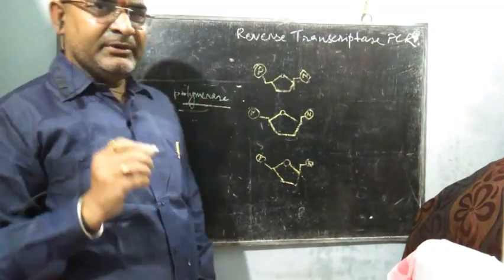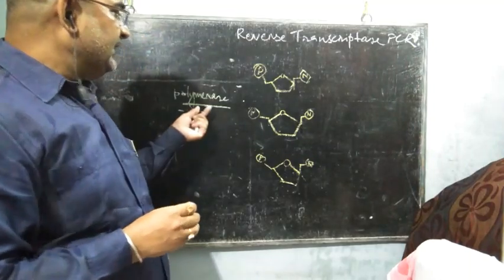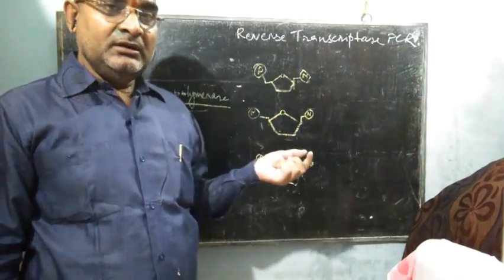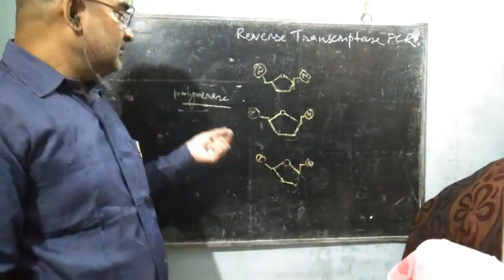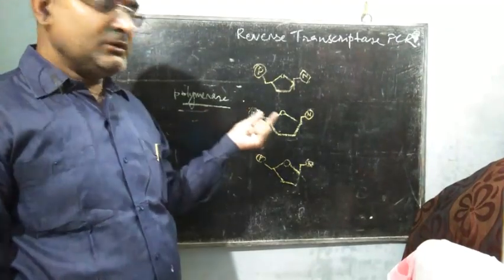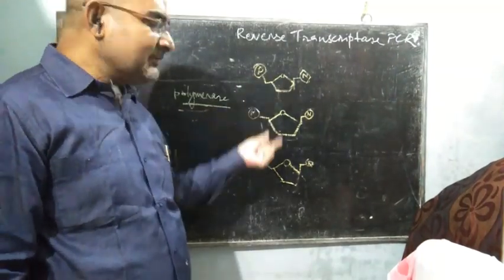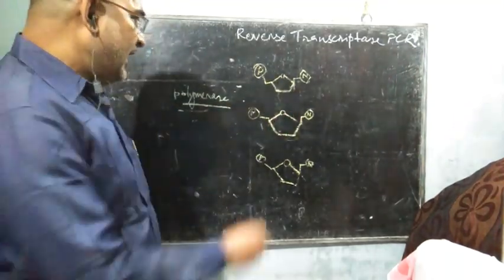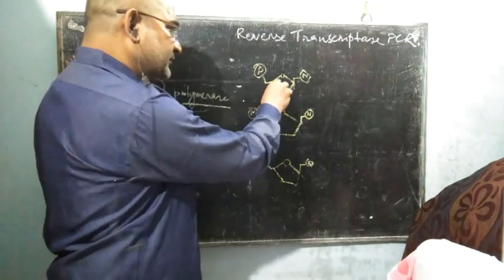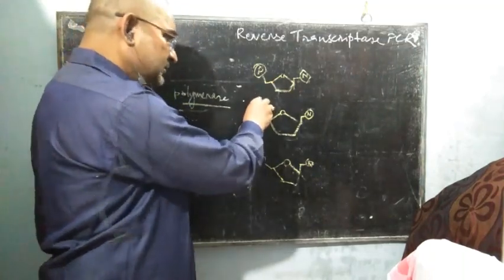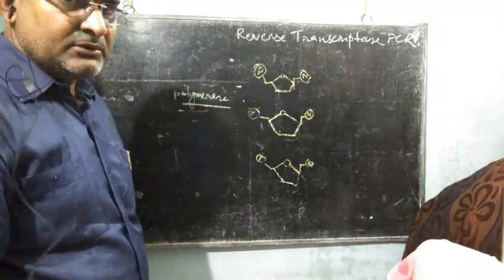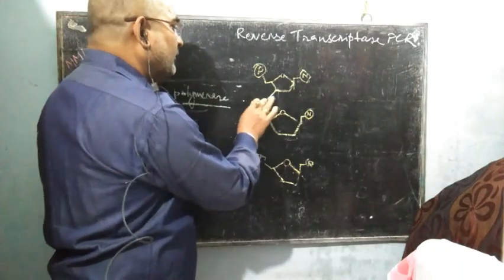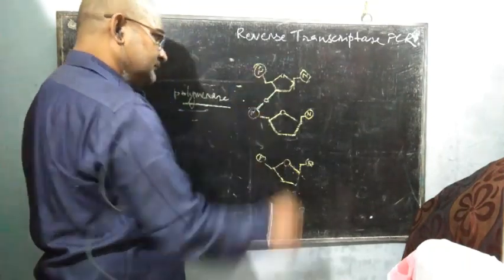The name clearly represents that the enzyme is responsible for the polymerization, or in other words, the enzyme is responsible for the formation of a bond between two structural units. It is one structural unit, it is another structural unit, and the third position of the first nucleotide and the fifth position of carbon of the second nucleotide are involved in the formation of the phosphoester bond.